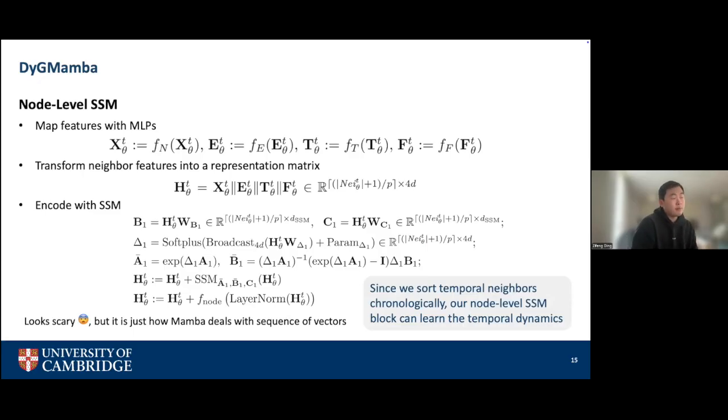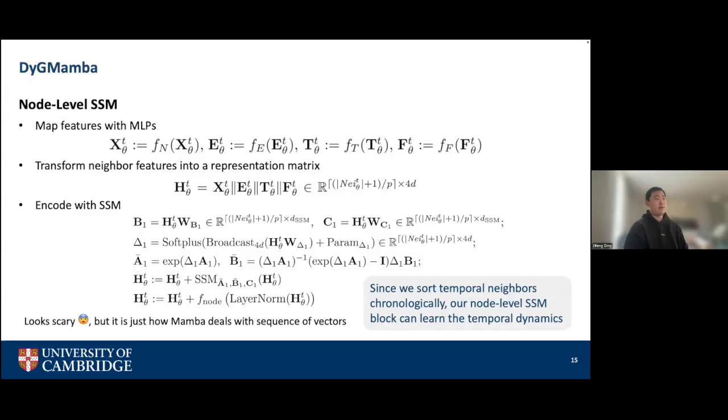So then let's see how we encode this sequence of temporal neighbors with the SSM. First, we map these features with MLPs to another dimension. And we transform node features into representation matrices by concatenation, and we encode with this SSM function. I'm not going to explain what it is.